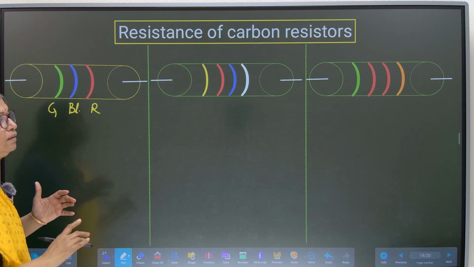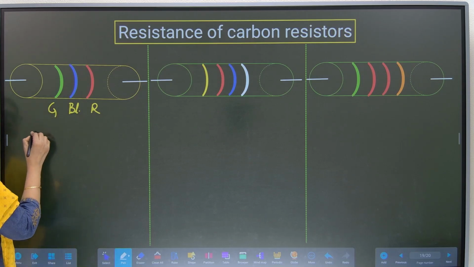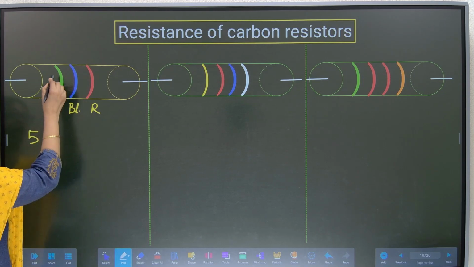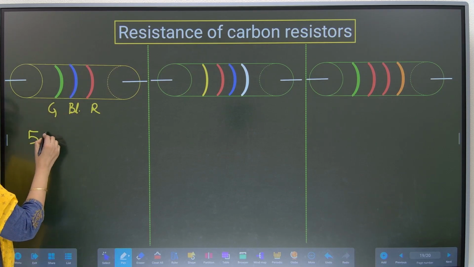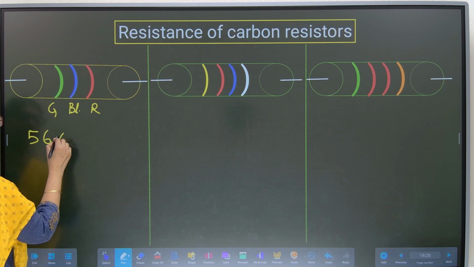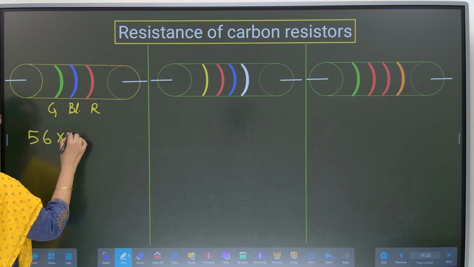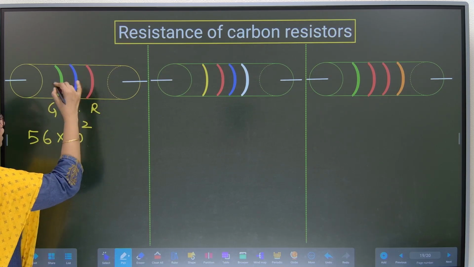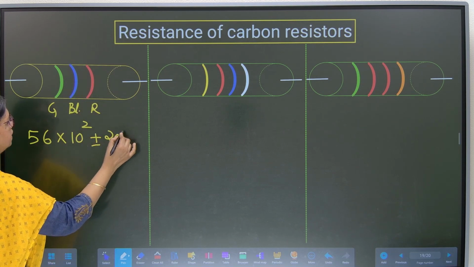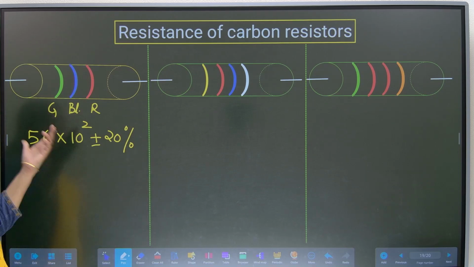So using the color code, green is 5. Number for green is 5. Number for blue is 6. And multiply by number for red is 2. So 10 raised to 2. There is no band, so plus or minus 20% variation or tolerance with the value given here.